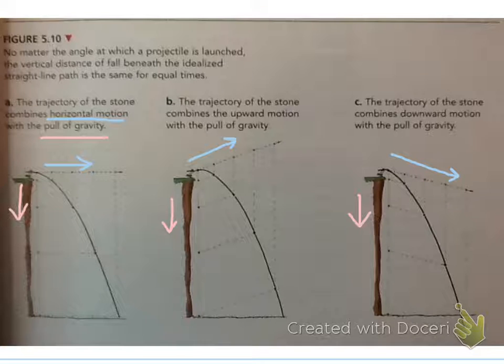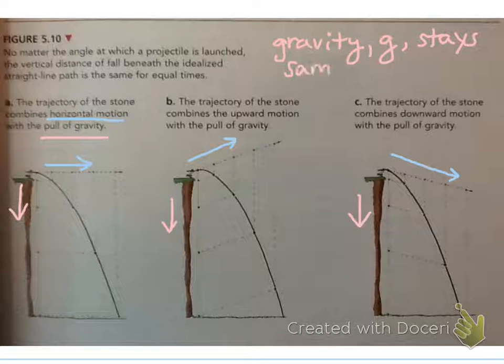So notice what stayed the same every time is our gravity, which is our g. That didn't change. We're still on planet Earth and we still have gravity. What this is about is the fact that the vertical distance of fall beneath the idealized straight line path is the same for equal times.